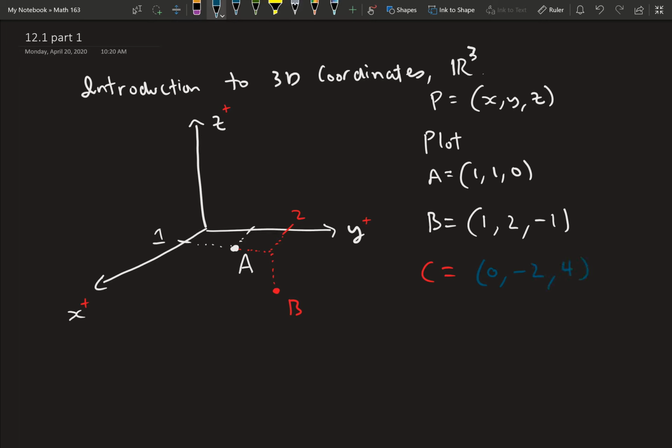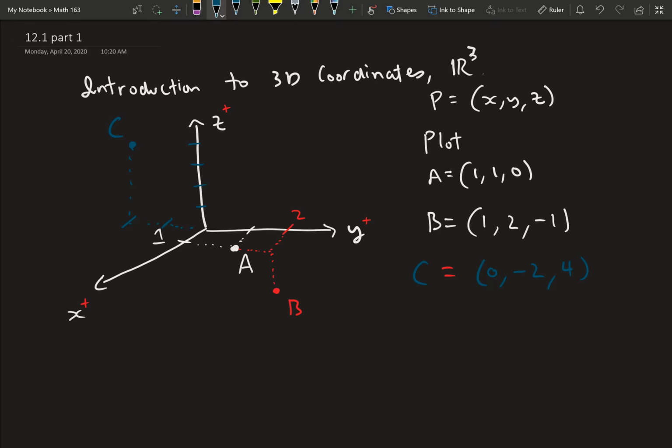So there are 0 units in the x direction, and then you would go -2 units in the y direction, and then you'd go up by 4 units, so 1, 2, 3, and 4. So you'd go up somewhere here. Let's call that point C. So on and so forth, you can plot lots of points in this way.